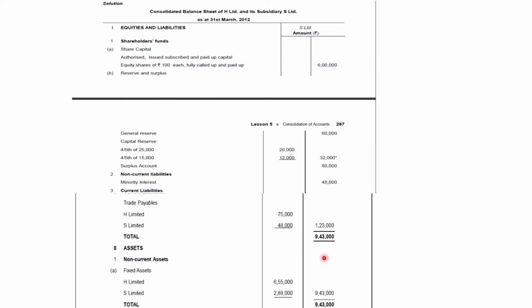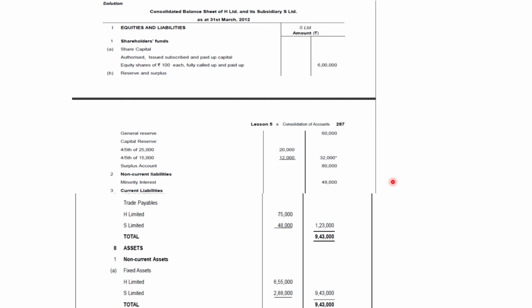So as we have added full net assets, we will have to create an extra liability for 20%. The net asset was 2,40,000 and 20% of 240 is 48,000. This is the minority interest.